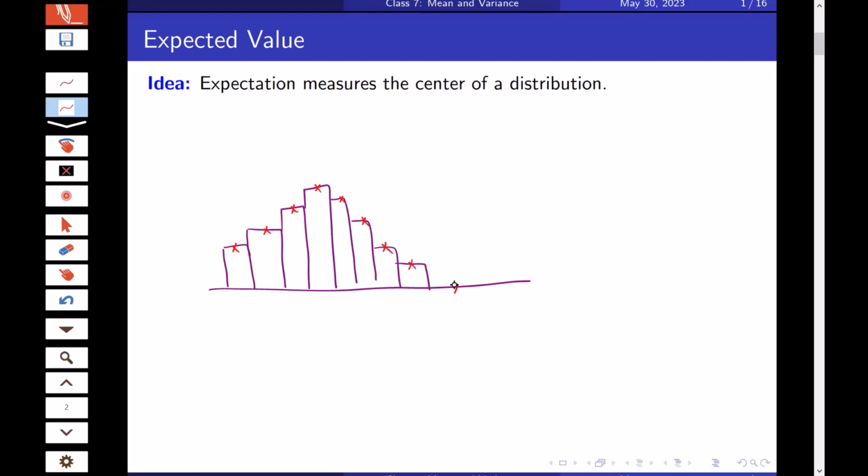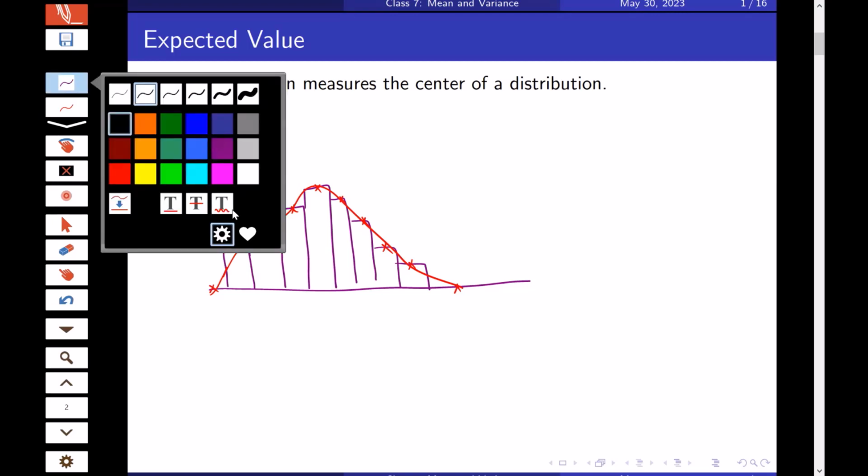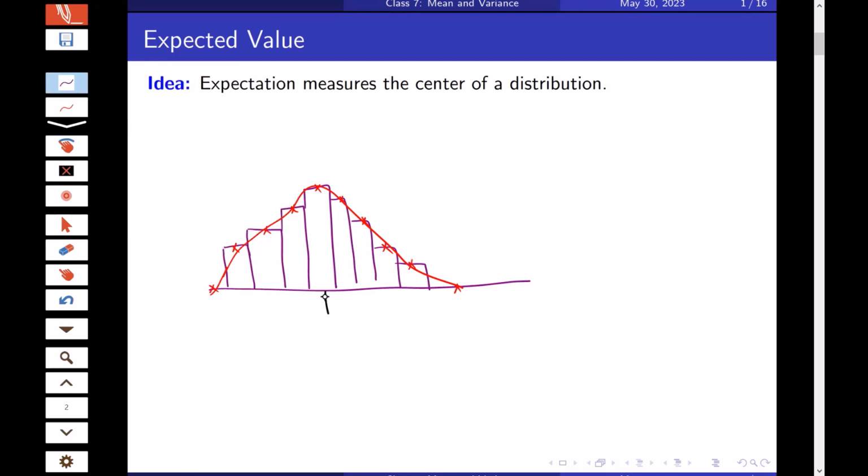So we can obtain the density curve. After you draw this density curve, using the mean we can measure the center of the distribution.